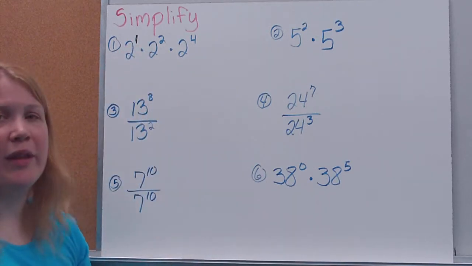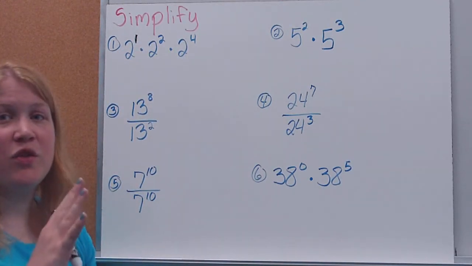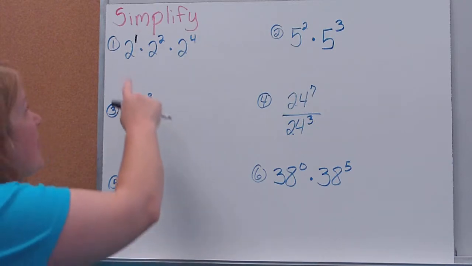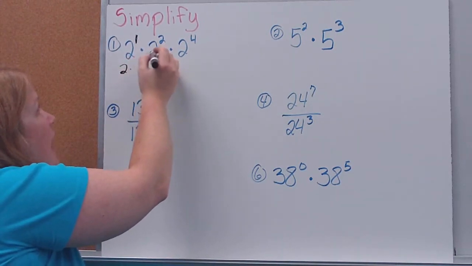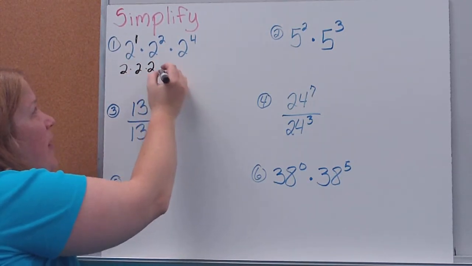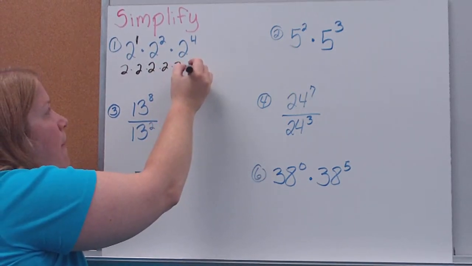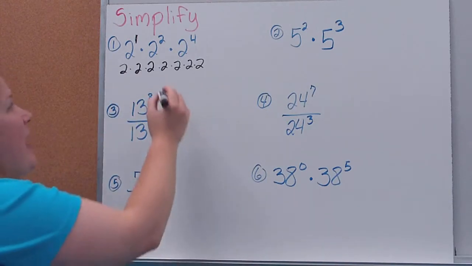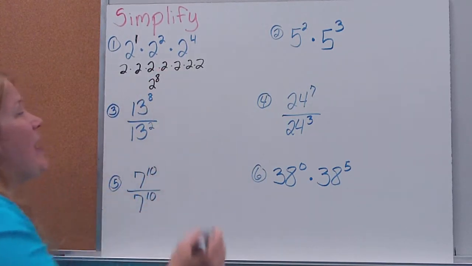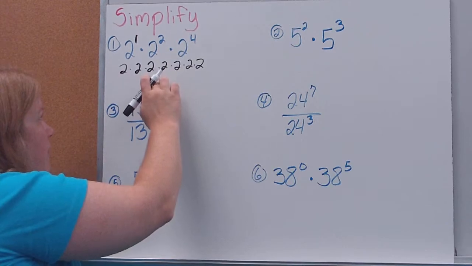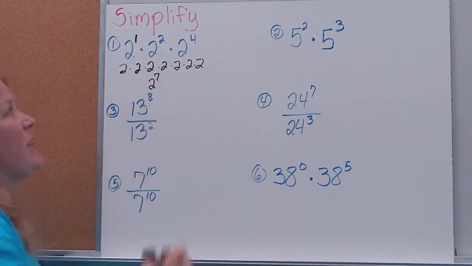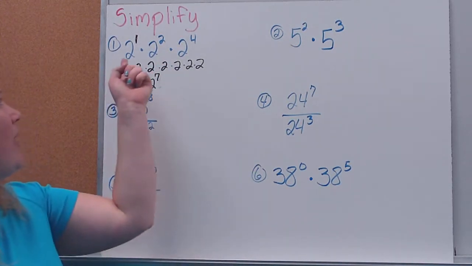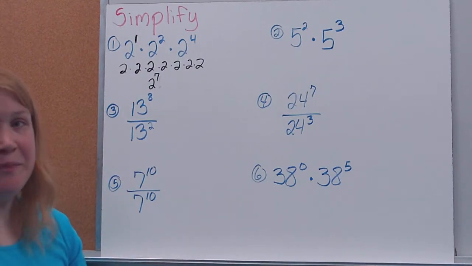So don't let that confuse you. If I was going to write this out, I'd have 2 times 2 of them here times another 4. When I add that all together, you'll see that there's actually 7 2s and not 6. We can't forget about this one right here.